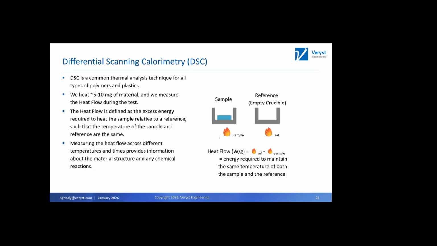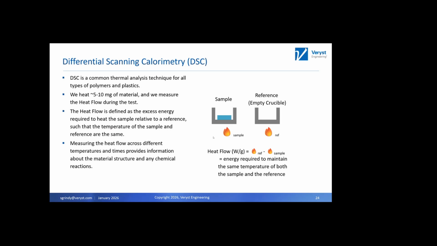What we're actually measuring is the energy required to heat up our sample pan at that specific heating rate relative to the reference pan. And so what's actually reported during the DSC test is the difference in heat flow between these two pans. So what we expect is that as we approach phase transition temperatures for our sample, it's going to change how much heat is required to maintain that constant heating rate.